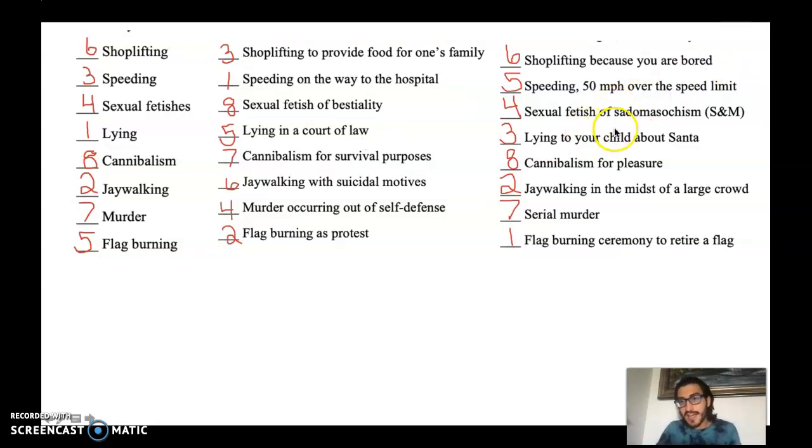And then again over here, lying to your child about Santa, I ranked it as a 3, so still relatively low. But in this case, I thought flag burning ceremony to retire a flag doesn't seem deviant at all. That's the way that we are expected in our society to retire flags. It's actually the politically correct way to do so. And then also I ranked lying to your kids about Santa even worse than jaywalking in the midst of a large crowd.